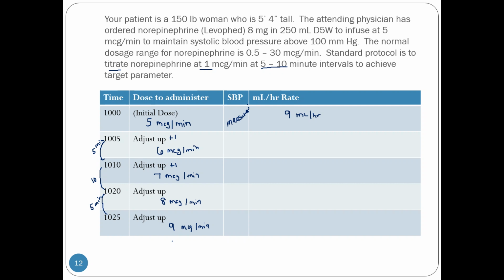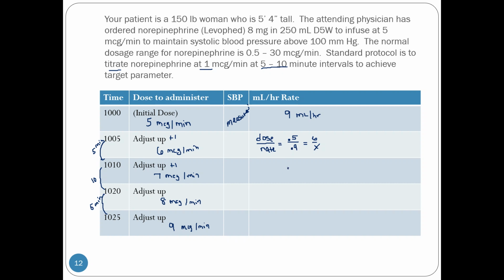So then I need to figure out my milliliter per hour rate for all of these, and we use that same concept of dose over rate for all of them. We always start with that minimum, so my minimum dose was 0.5 with my minimum rate of 0.9, and I'll put in my 6 and my X, and I'm just going to go down through and set up all of these.